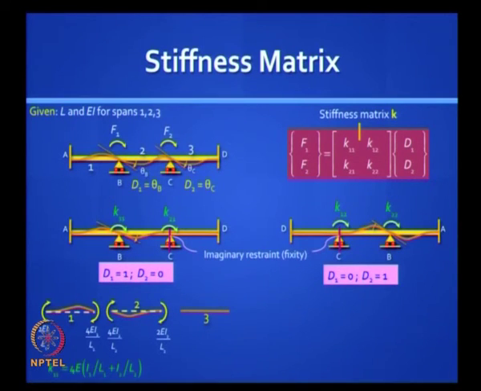And so do you agree K11 is 4 E I1 by L1 plus 4 E I2 by L2, clear? Very easy to do. What is K21? K21 is what you get at the support which you artificially fixed, right, F2. What will it be? 2 EI2 by L2, right.